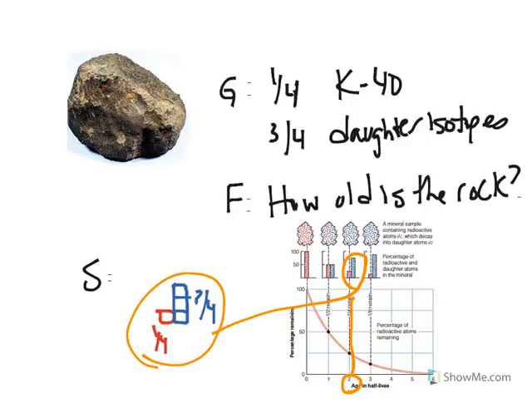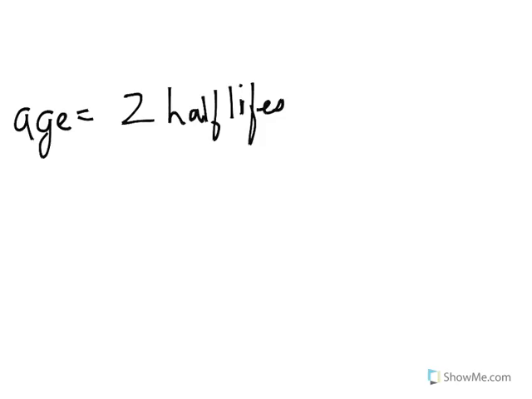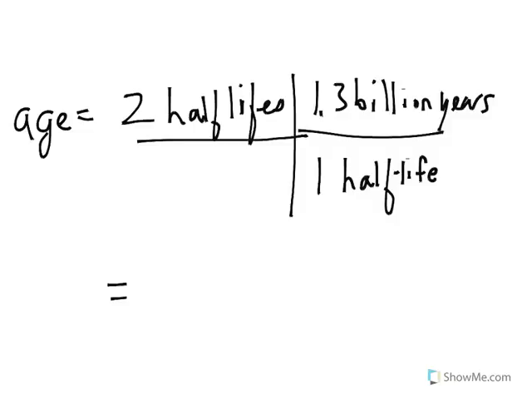2 half-lives have occurred. So you know that the age of the rock is a multiplication of the number of half-lives, which is 2. And you know the conversion for potassium-40 is 1 half-life is equal to 1.3 billion years.